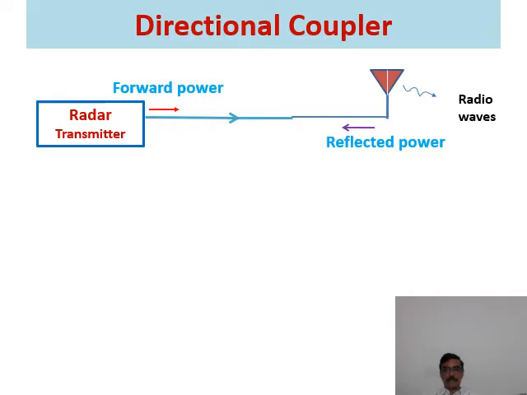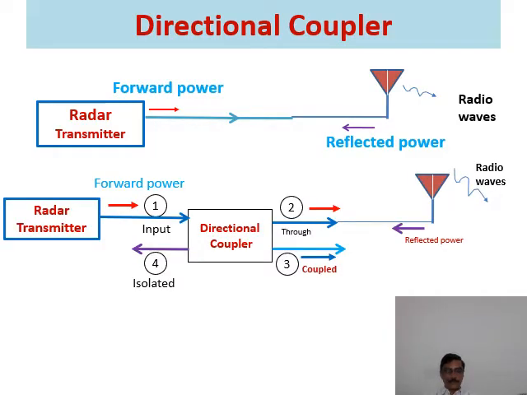So let us see the figure. This is the final system after inserting a 4-port directional coupler between the radar transmitter and the antenna input side. You can see the same 4-port device I have connected here. Radar transmitter output cable is connected to the input of the directional coupler at port 1, and the antenna input terminal is connected to the through port or output of the directional coupler here.